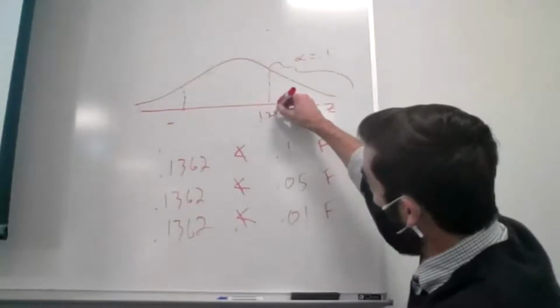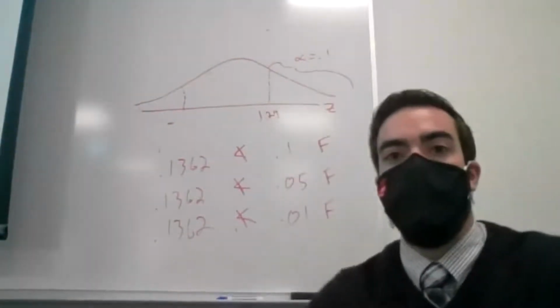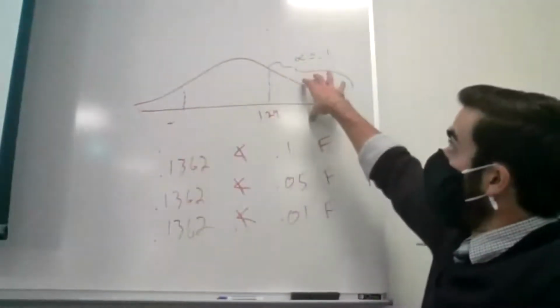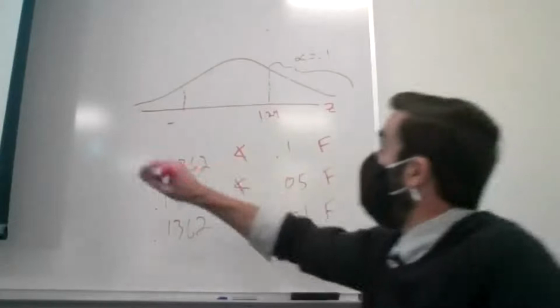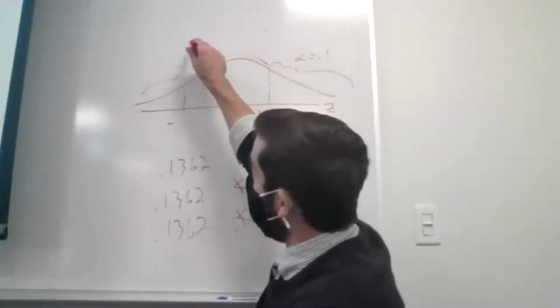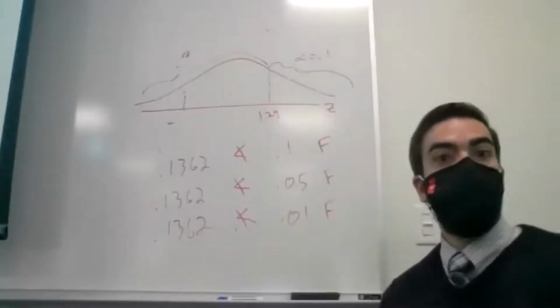So 1.29. Okay. Now, I could have also thought about this as the area I want to the right of this value is 0.1. What's the area to the left? Just 1 minus that, or 0.9.